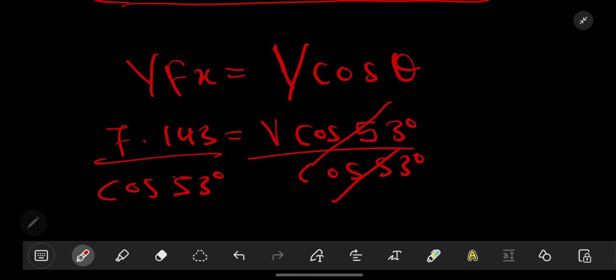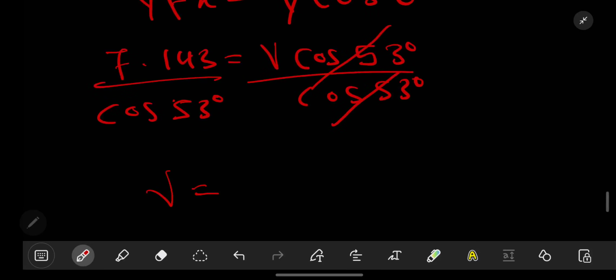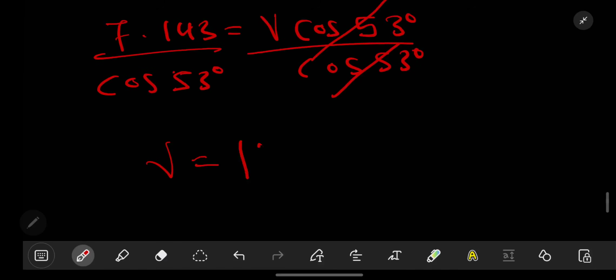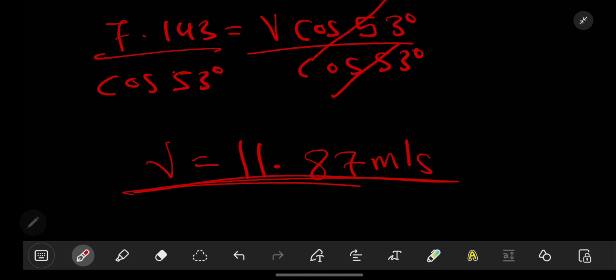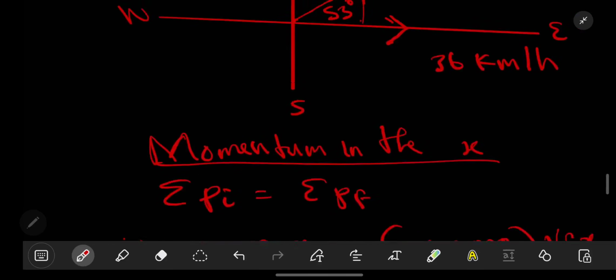Our V should be equal to this divided by the cos of 53. This gives us a value equivalent to 11.87 meters per second. So this is the speed that was required.